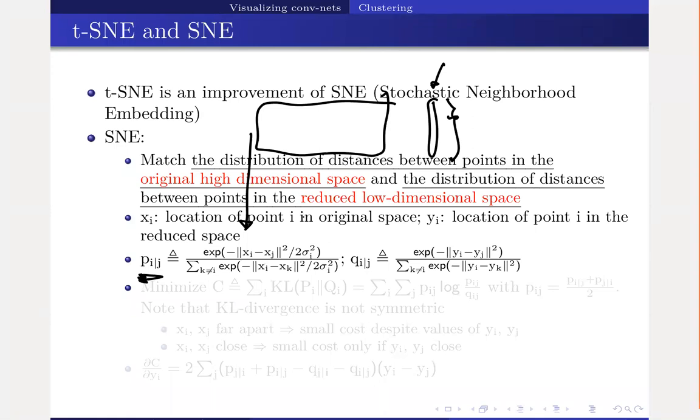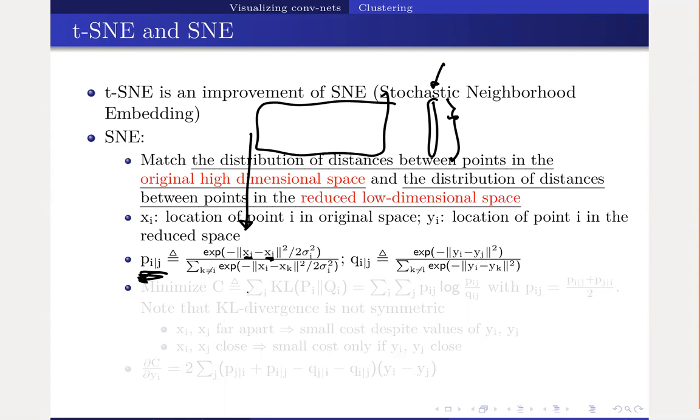So I can define the distance between them using a probabilistic model, like just assume a Gaussian distribution here. So if xi and xj are close together, then there's high probability that they are related to one another.